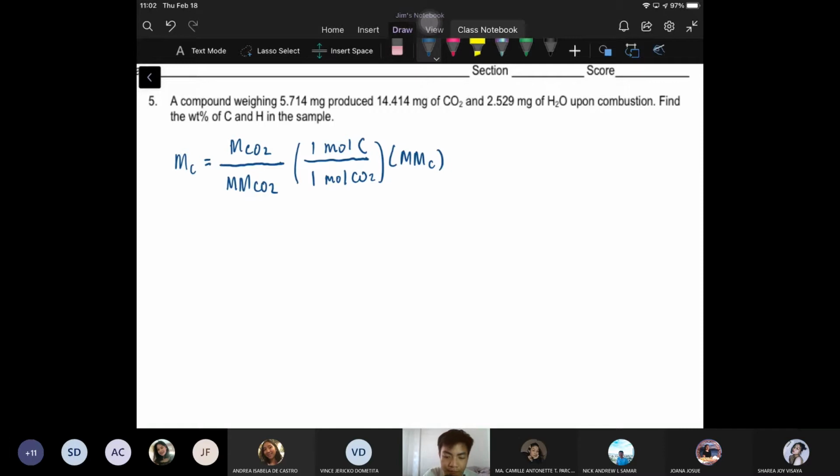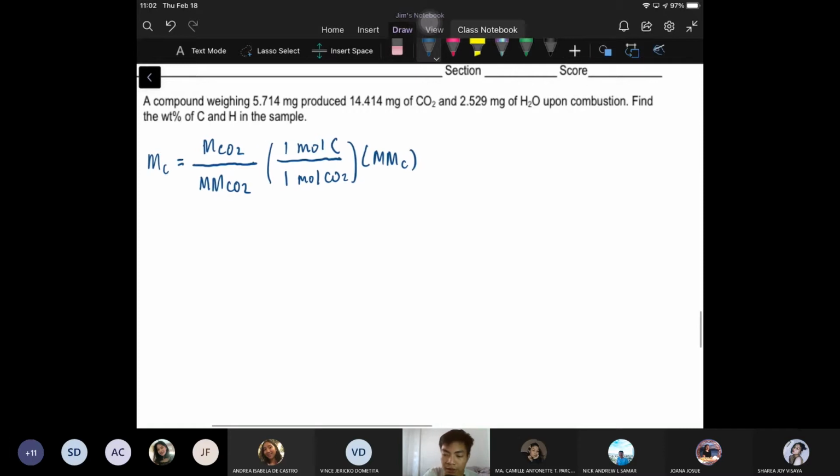Okay? So with our equation set up, plug in na natin yung given. By the way, be careful, naka-milligram yan. So what is milligram? That is 1/1000th of a gram.